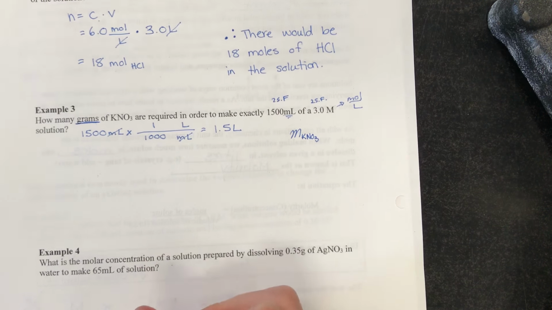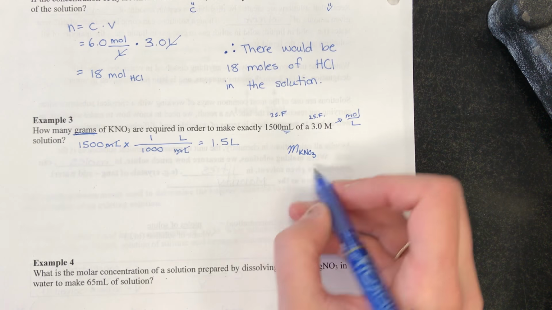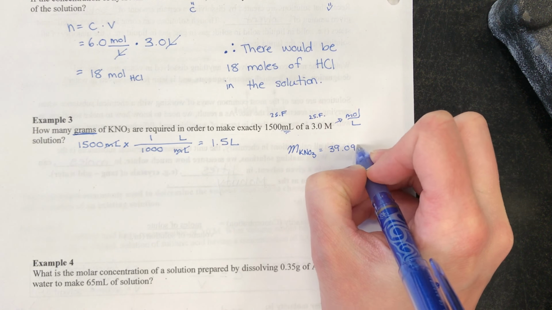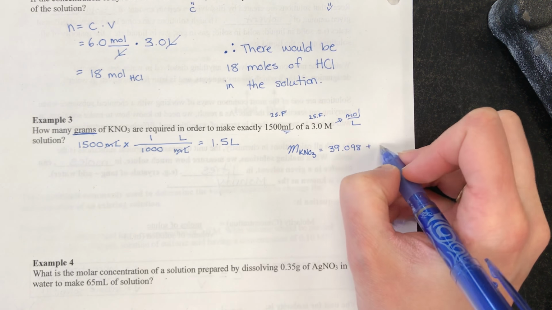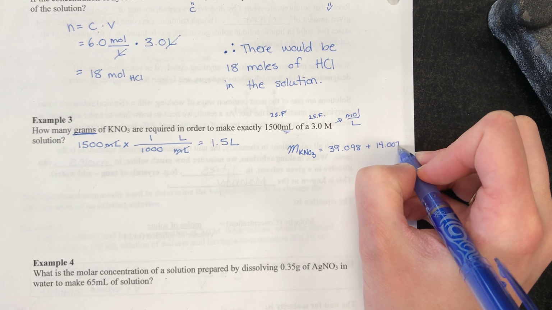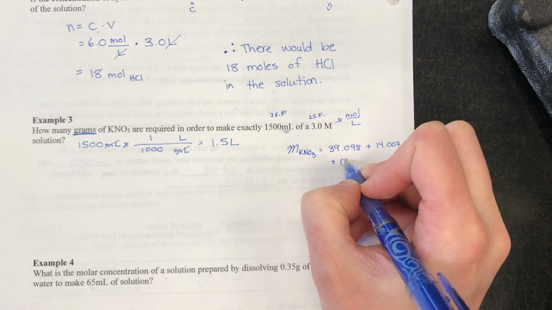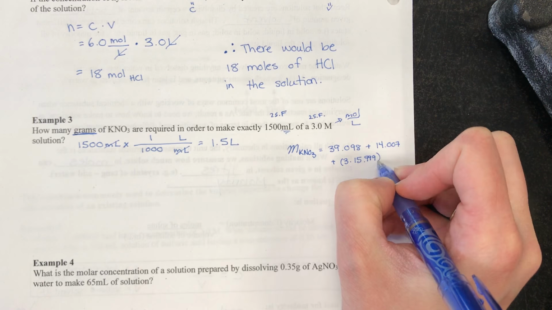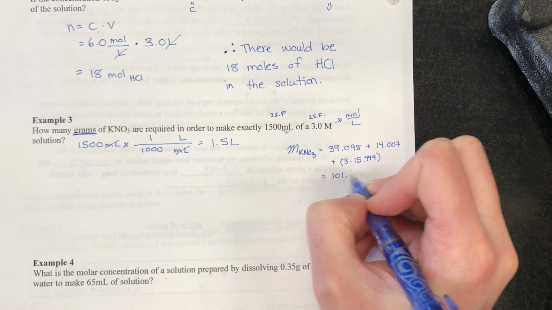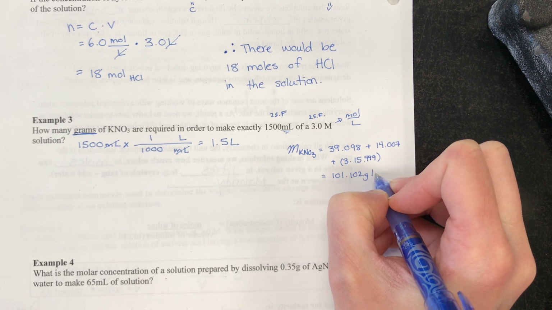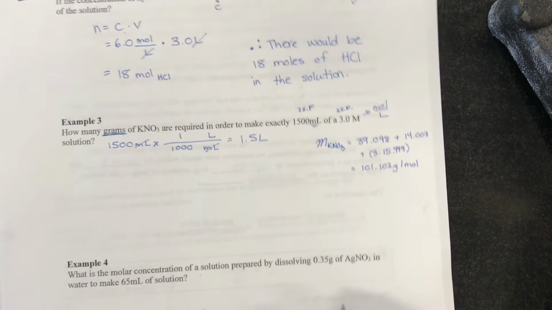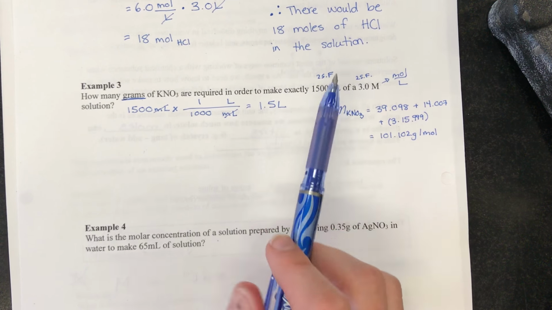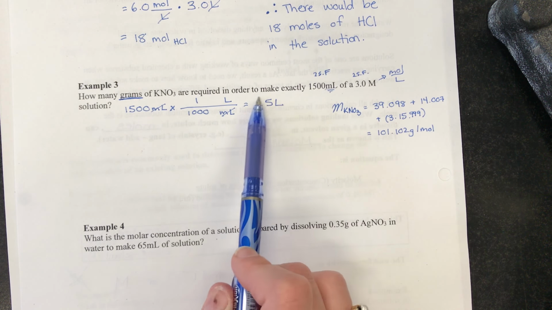So molar mass of potassium nitrate is the molar mass of potassium, so 39.098, plus 1 nitrogen, 14.007, plus 3 times the molar mass of oxygen, 15.999, is 101.102 grams per mole.